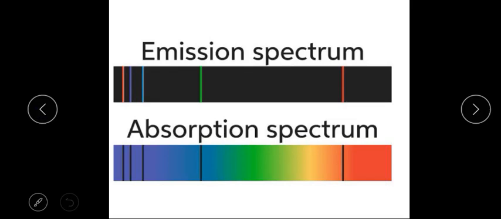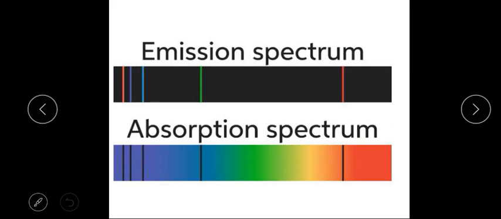When an electric current is passed through an atomic gas or vapor at low pressure, the atom goes to an excited state. After a short interval of time, it comes to the ground state by emitting electromagnetic radiation.